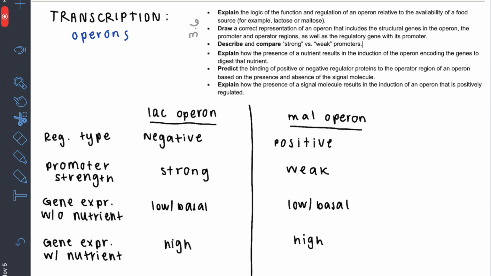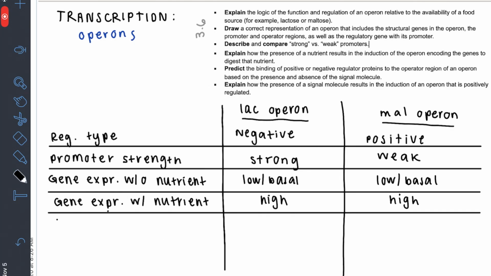And in the mal operon, it's because the promoter is very weak and does not have the ability to recruit RNA polymerase. Lactose binds to the repressor and moves it away from the operon, while maltose binds to the activator and moves it to the operon to help with transcription.